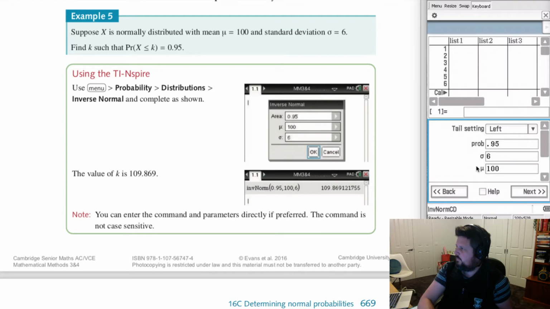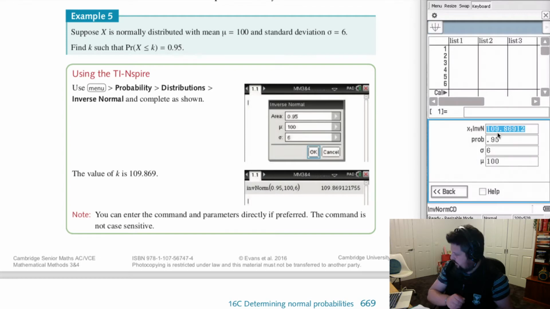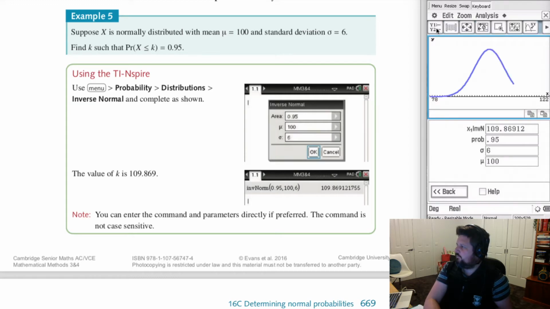Click next. Again, like we saw before, it was 109.87, and we can graph it as well. Cool. So everything up to the 95%, and that happens at 109.87 there. Very, very good.